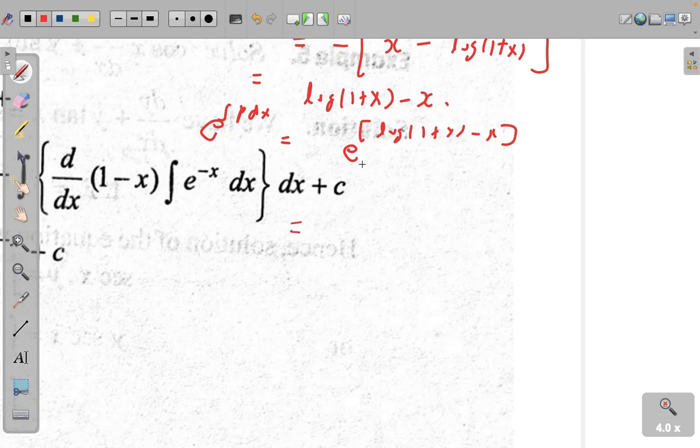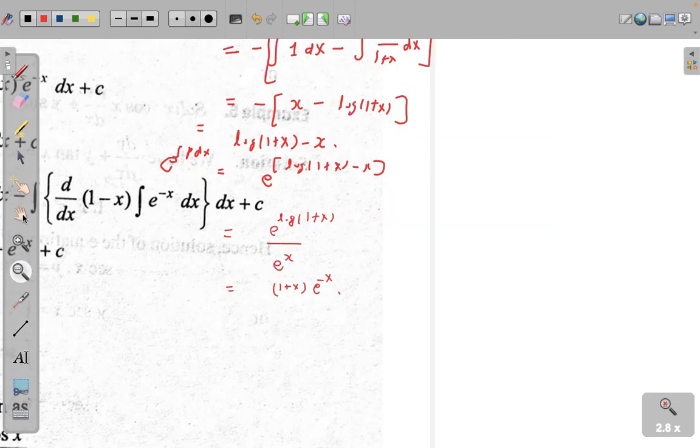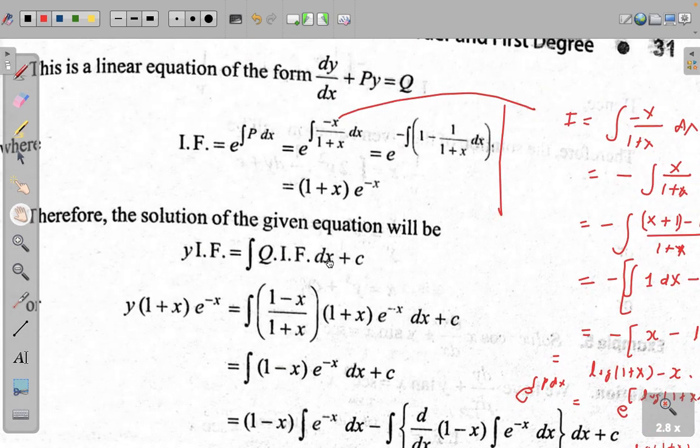Further solving it, this will give us e to the power log 1 plus x upon e to the power x. e to the power log 1 plus x is 1 plus x, upon e to the power x, which means e to the power minus x. So this is 1 plus x e to the power minus x. This is the integrating factor.